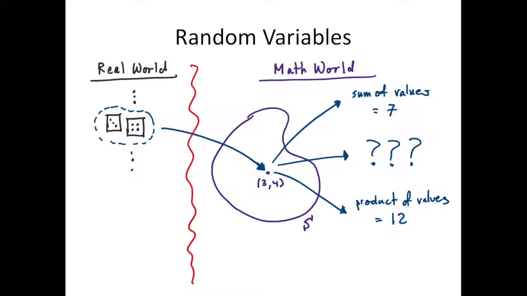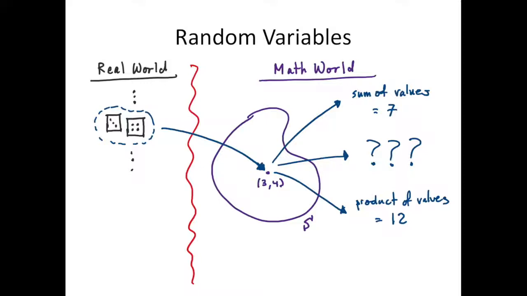So given one random experiment in the real world and a corresponding sample space in math world with some sample points, I could define many different random variables. I could consider the outcome 3, 4, that sample point, and be interested in the sum of the values. I would map or associate that sample point 3, 4 with the number 7.